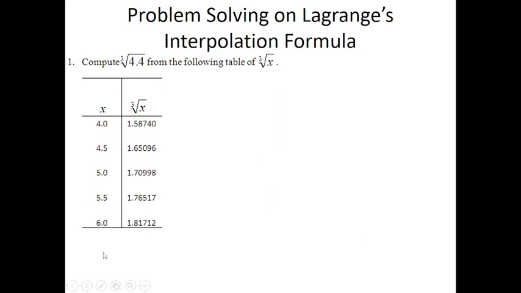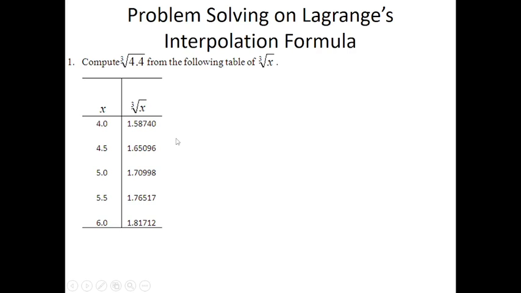Now let's continue. Given if we have x equals 4, that is 1.58740, right? If we have x equals 4.5, the cube root of 4.5 is 1.65096, and so forth.